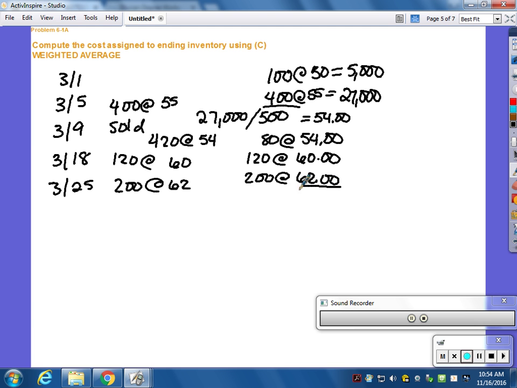Now our new average price. We have a total of 400 units here, right?